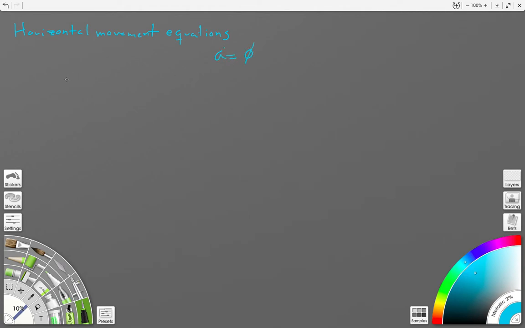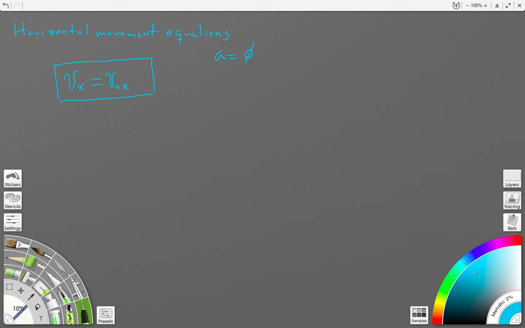Since there is nothing accelerating or decelerating my projectile in the horizontal direction, my velocity in the x direction will always be equal to my original velocity in the x direction. Why? Because it's not being accelerated and it's not being decelerated.